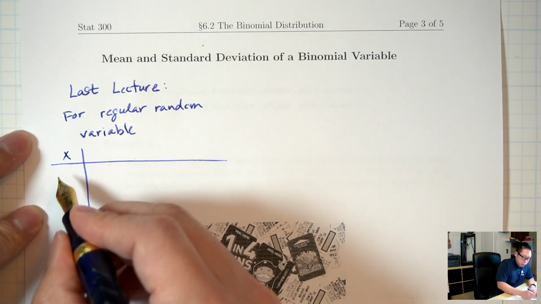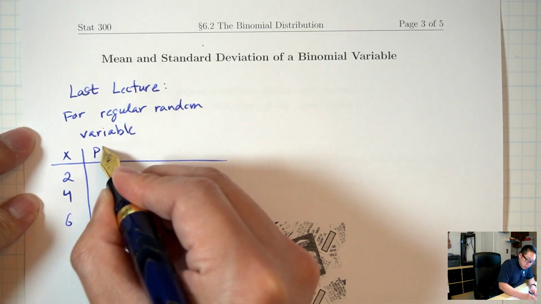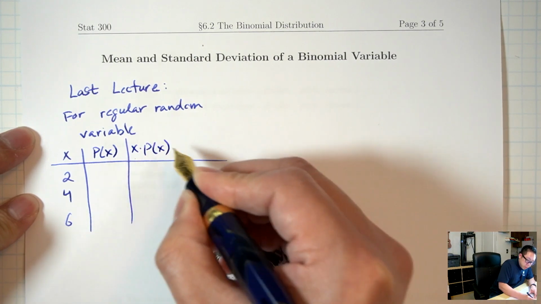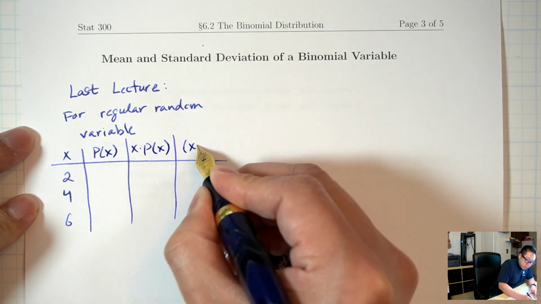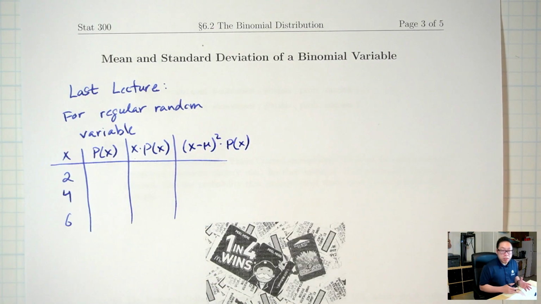I'm going to make up some numbers here. We had to make a table that had a P of X column, an X times P of X column, and an X minus the mean squared times P of X column.